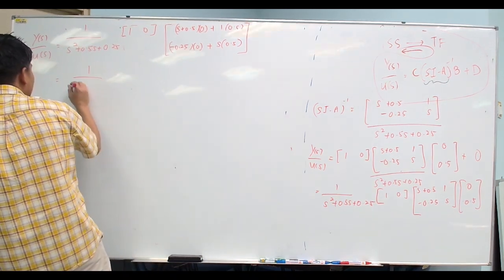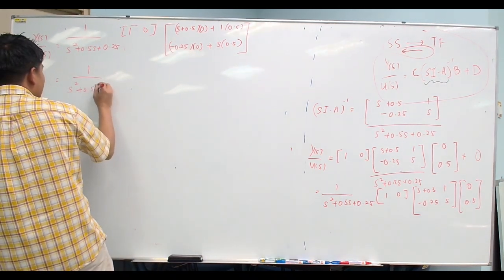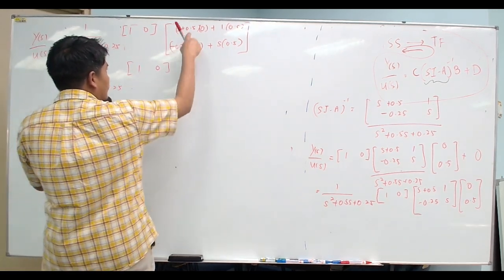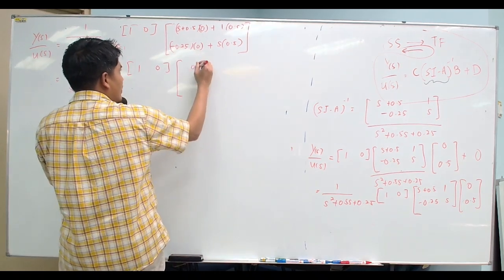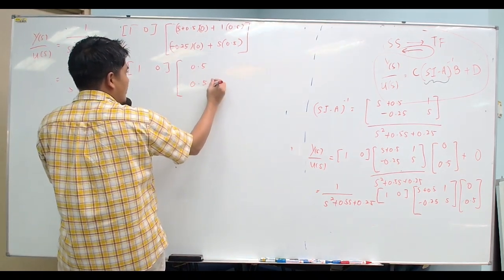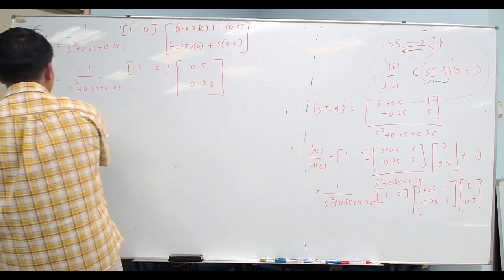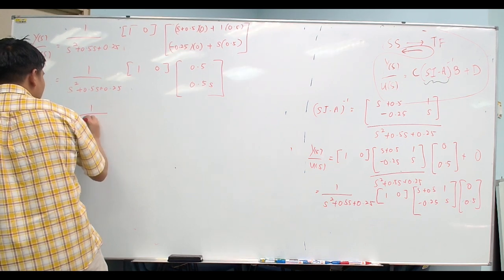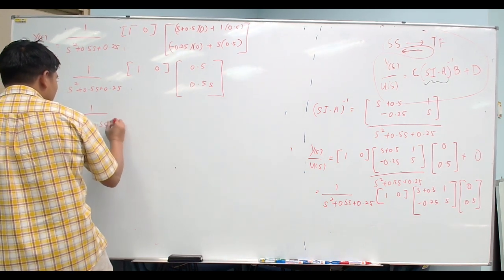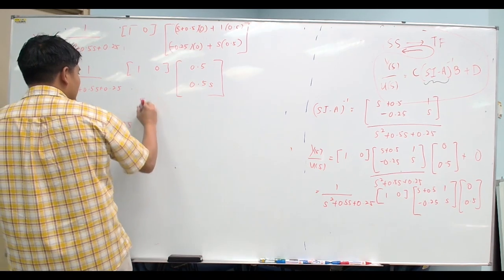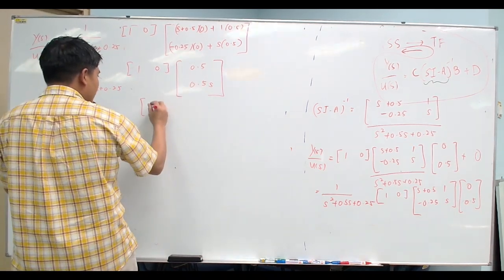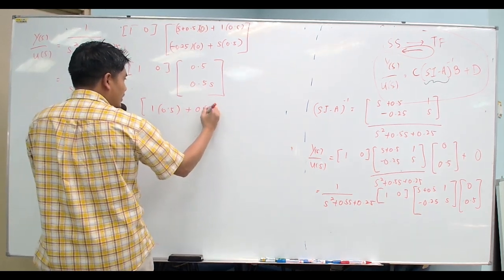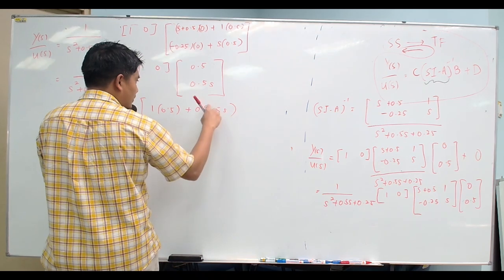Then you have 1 over S squared plus 0.5S plus 0.25, multiplied by 1 times 0.5, plus 0 times 0.5S.